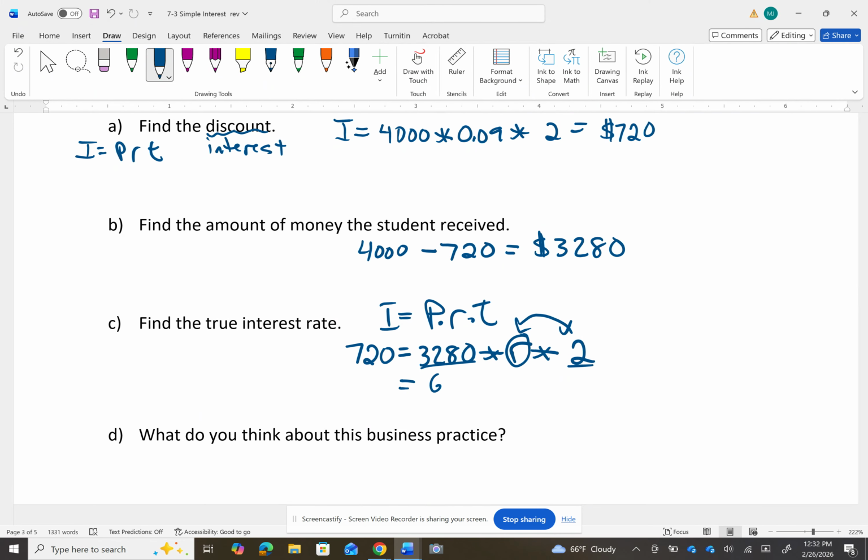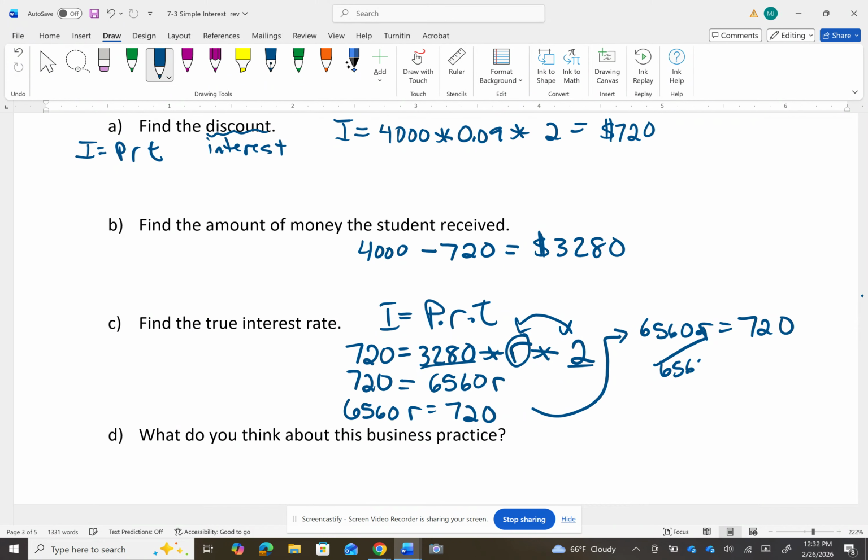If I did, I'd get 6,560, and that has an R on it, equals 720. Let me get my variable on the right like I prefer, and then continue the solving process. I'm going to wind up dividing both sides by that 6,560. If I do that, that should be the decimal form of the interest rate.